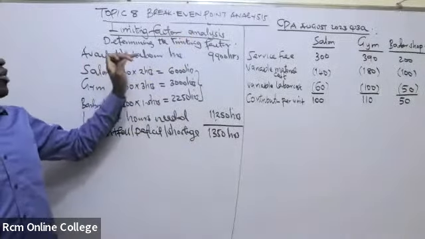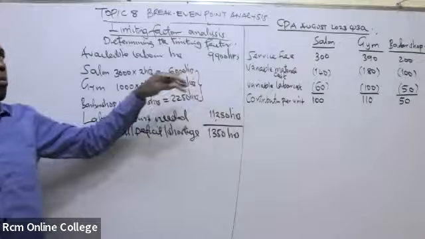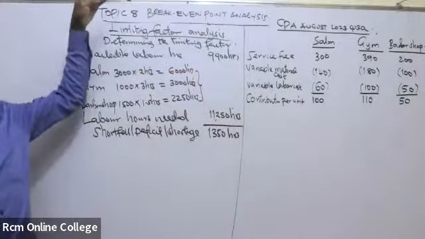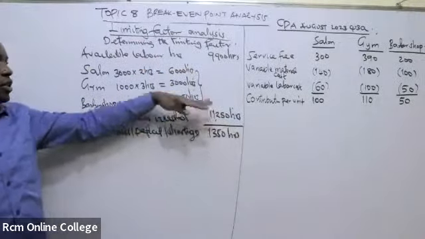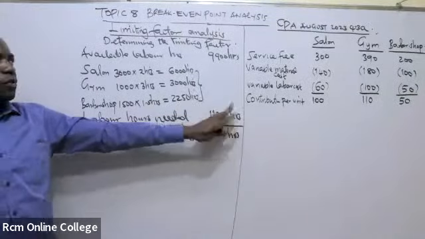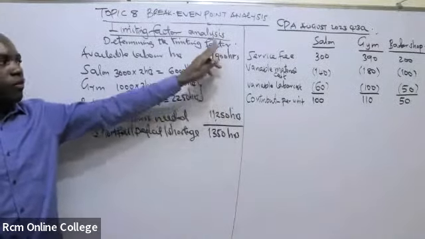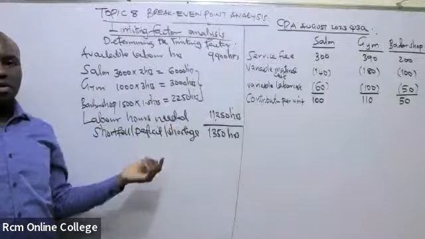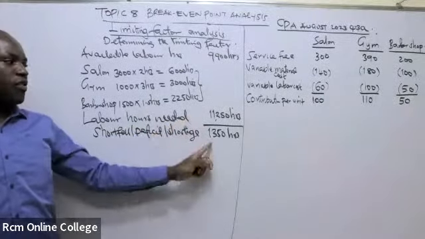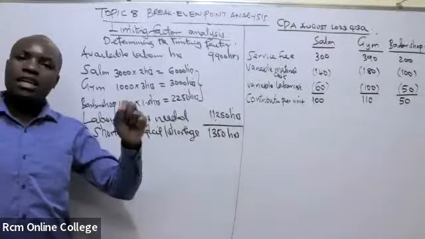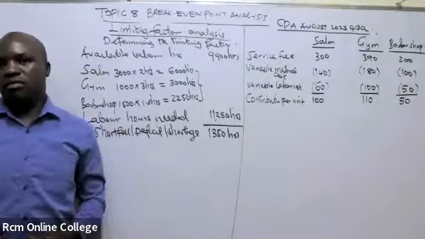You first of all start with the available. Then you compare with what you need to fulfill the maximum demand. Total amount, we need 11,250. What's available is 9,900. For us to be able to achieve this, we have to sacrifice something. So you can see we have a deficit of 1,350. That deficit is what we call shortfall.